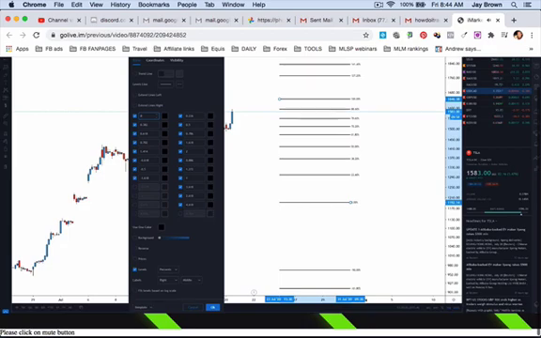Now, I want you to realize that these levels should never be relied upon exclusively. It is incredibly dangerous to assume that if price trades to something like the 61.8%, that it's going to just suddenly immediately reverse.